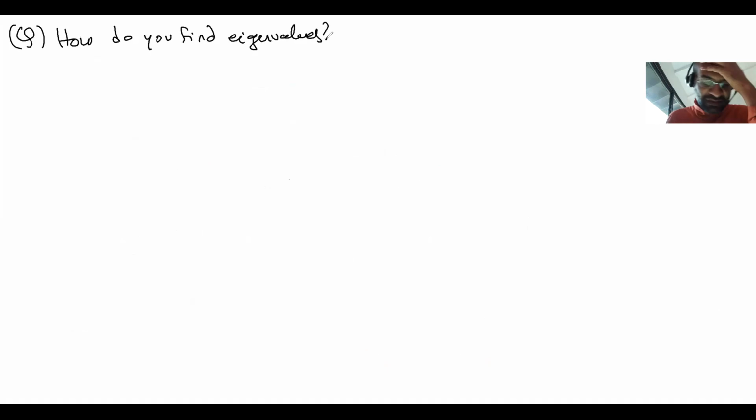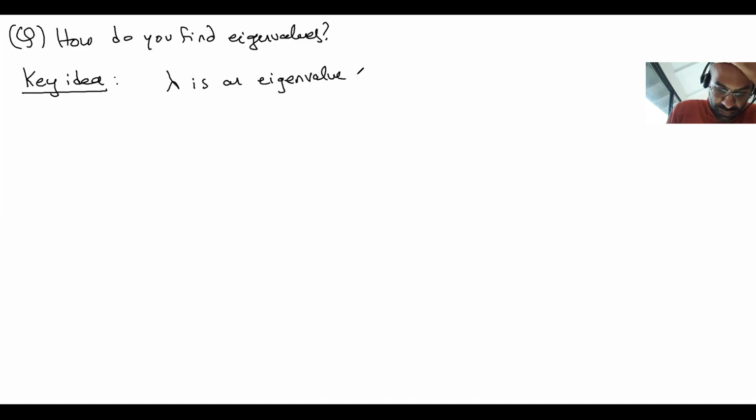Okay, so there's a key idea in this, which is again a short idea. Lambda is an eigenvalue of A. Well, what's the definition?